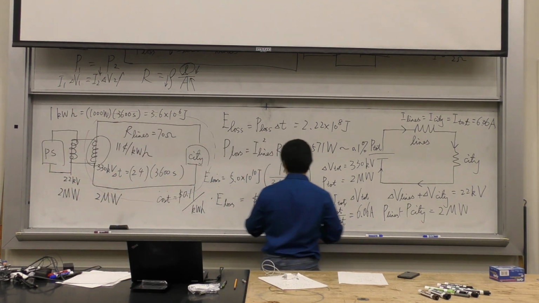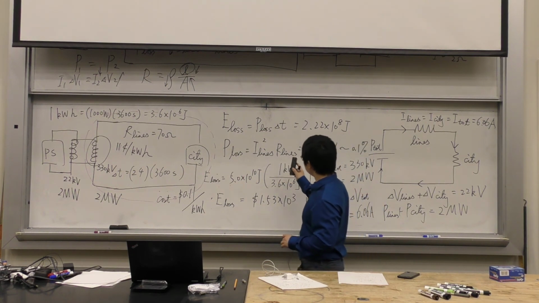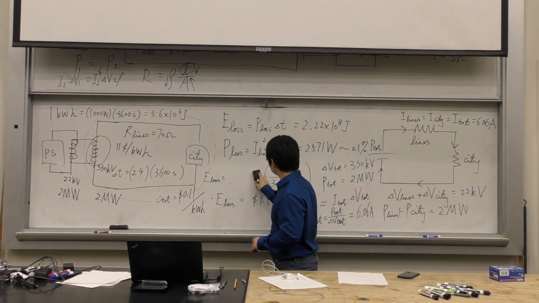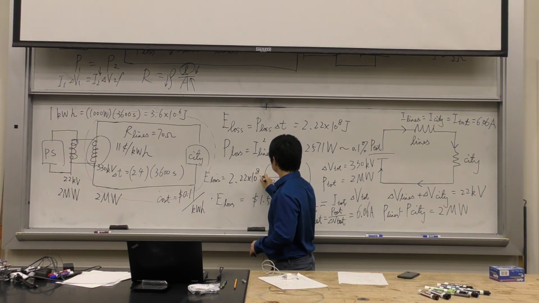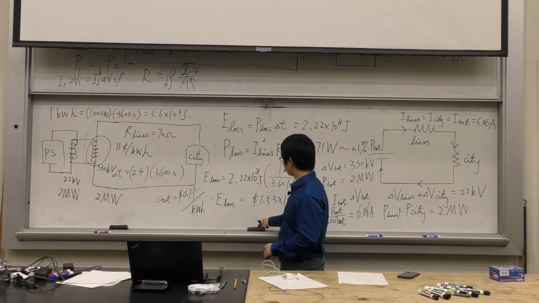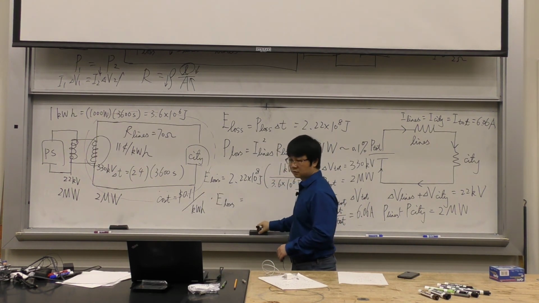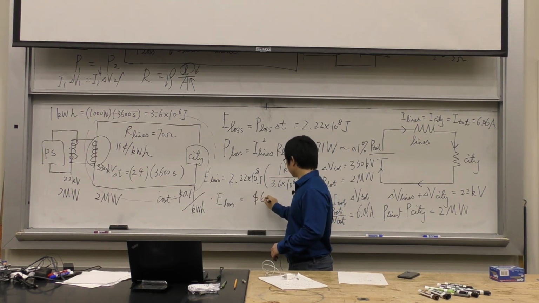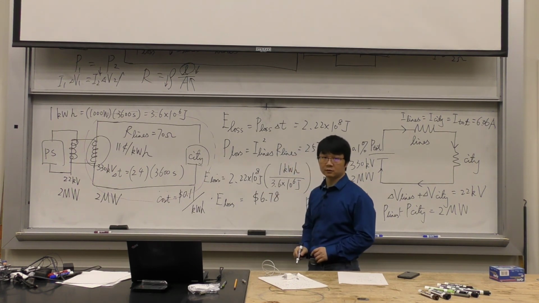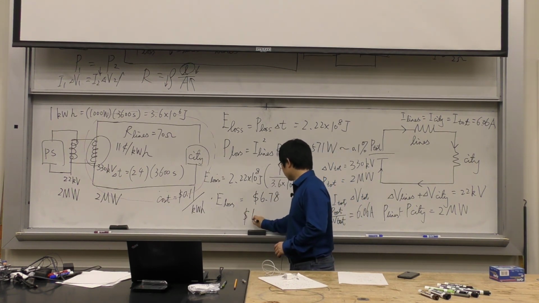So let's see, what do we get? You put this here, and that's going to give you the energy in kilowatt hours. You multiply this by this, and you will get 6.78 dollars, compared to the number we just erased.